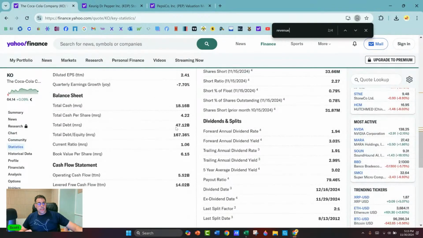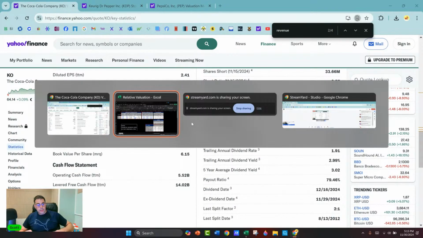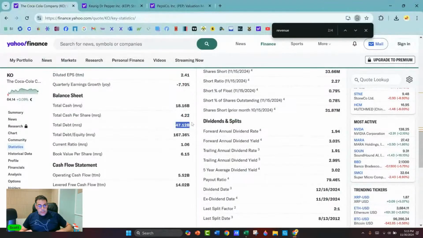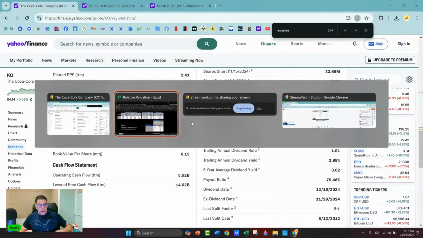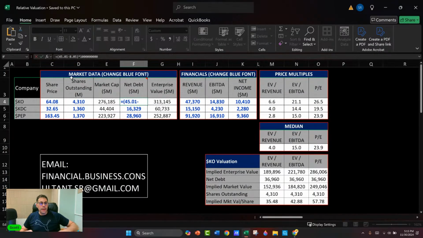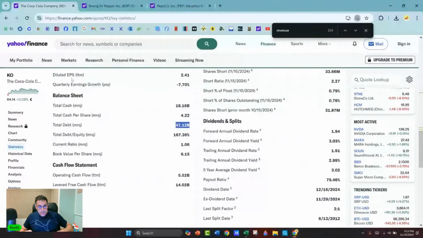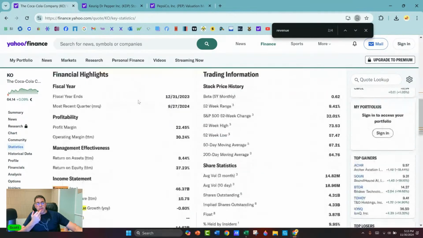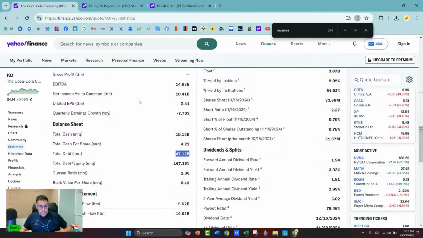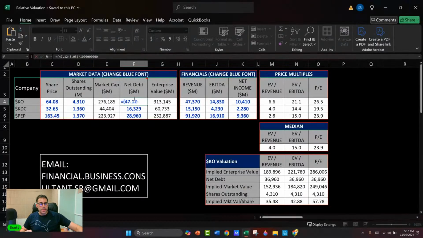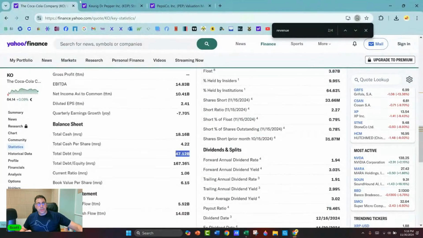Okay, that's good. Well, I typed it in wrong, but that doesn't matter. Maybe I was just looking at the wrong screen. Okay, let me put in the right 47.12 minus 18.16. Let me just double check these numbers.